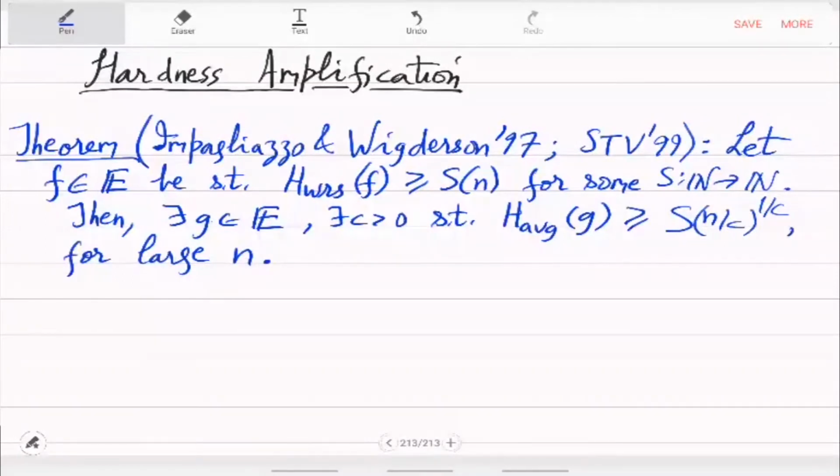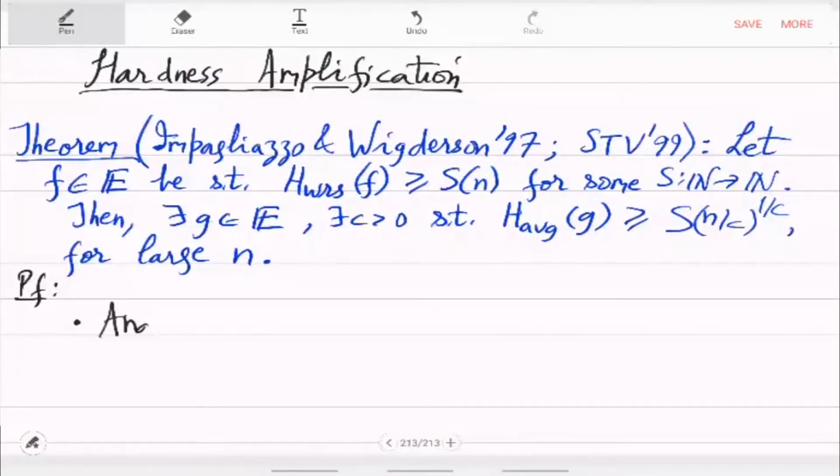So for large n, g looks as hard as f, but in the average case. So it is much harder than f, and it is in the same complexity class E. We don't have time to do the proof of this, but it's based on just applying the local list decoder.